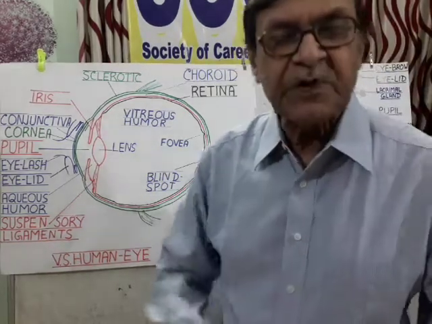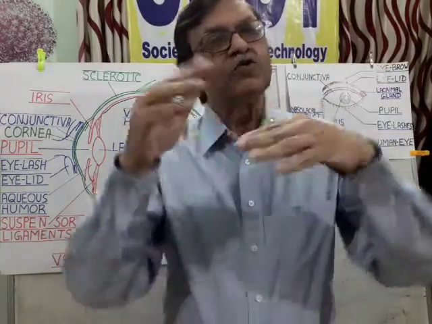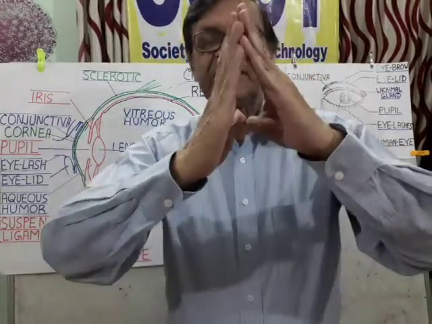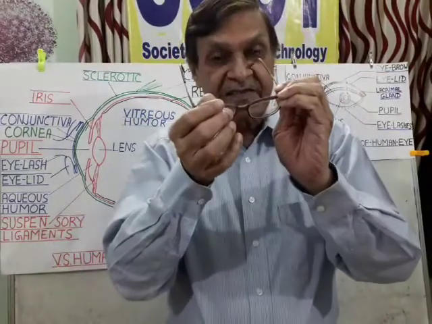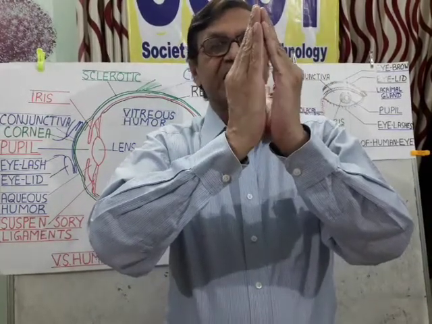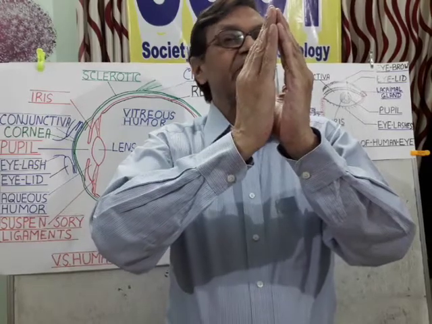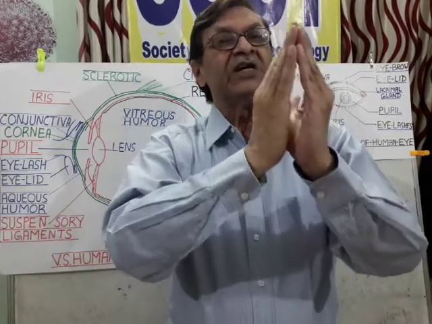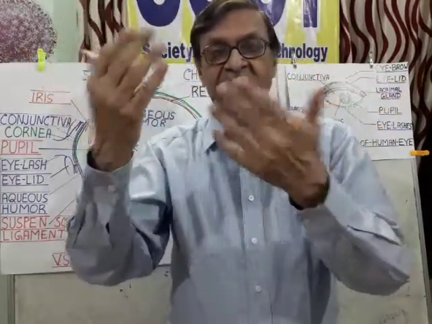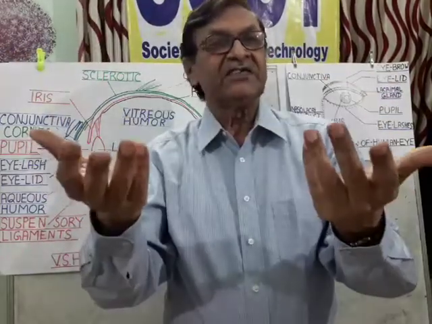The lens is made up of some fibrous cells whose nuclei have been lost. So they are not very rigid like our spectacle lenses. They are slightly elastic like this. And so their focal length can be changed. They can be adjusted for seeing a near object or distant object.